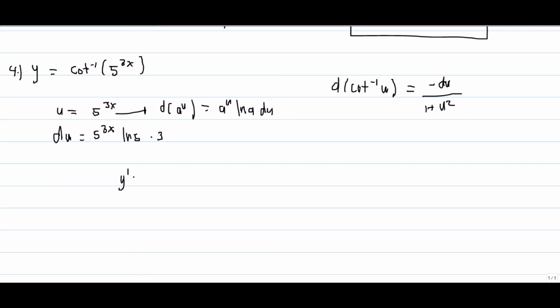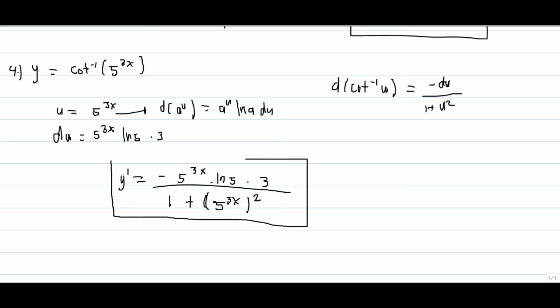So y prime, or the first derivative, is equal to negative, then we substitute the equivalent of du, which is 5 to the power 3x times ln 5 times 3, over 1 plus the quantity 5 to the power 3x squared. So that is the final answer.